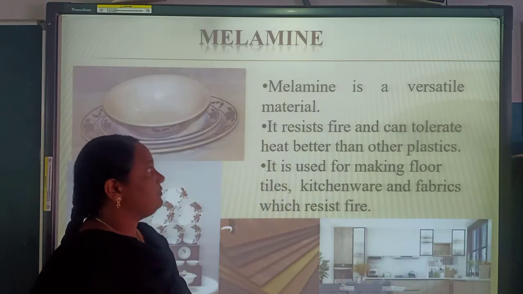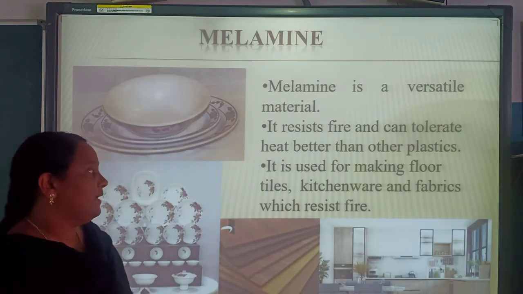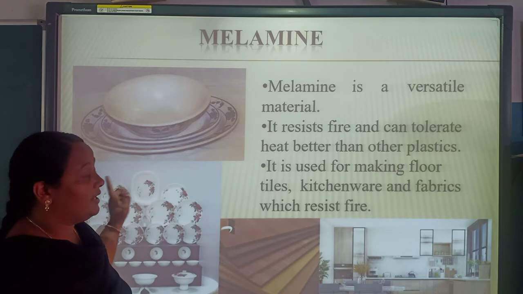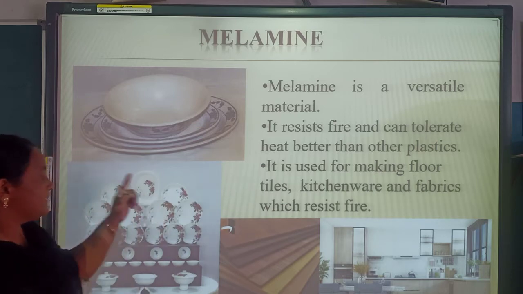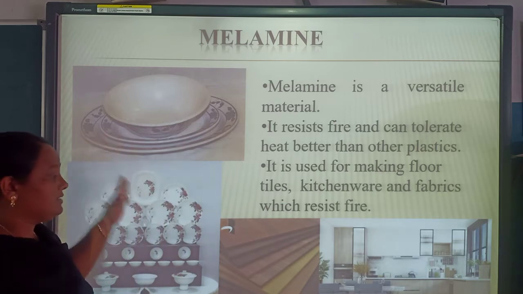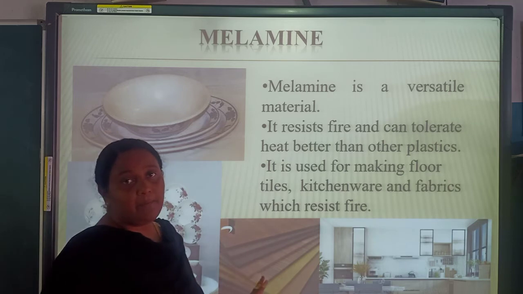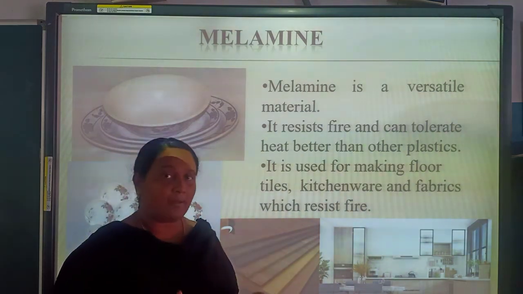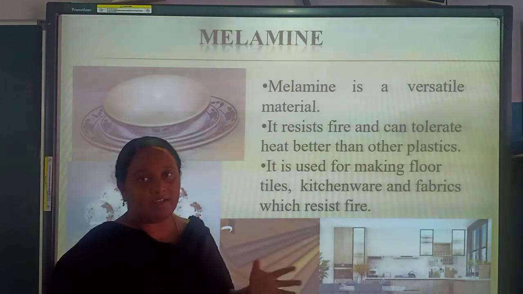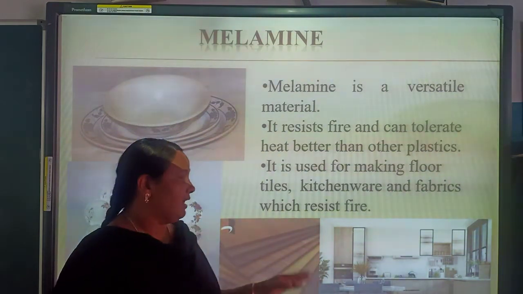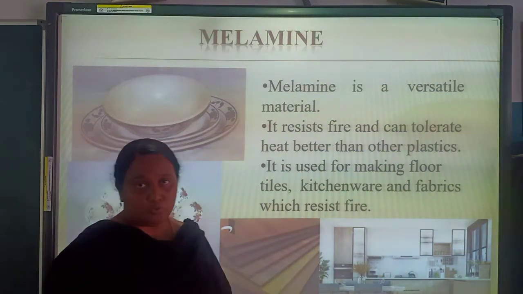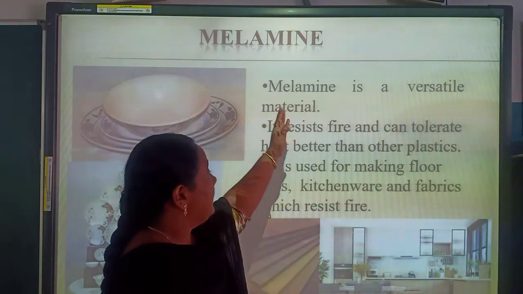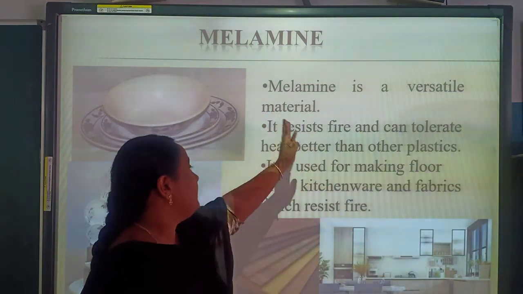Then the next one is melamine. Melamine is used for making the utensils that we have seen. Then there are melamine boards. These melamine boards are used to make cabins and interior decoration things. Melamine is a versatile material.